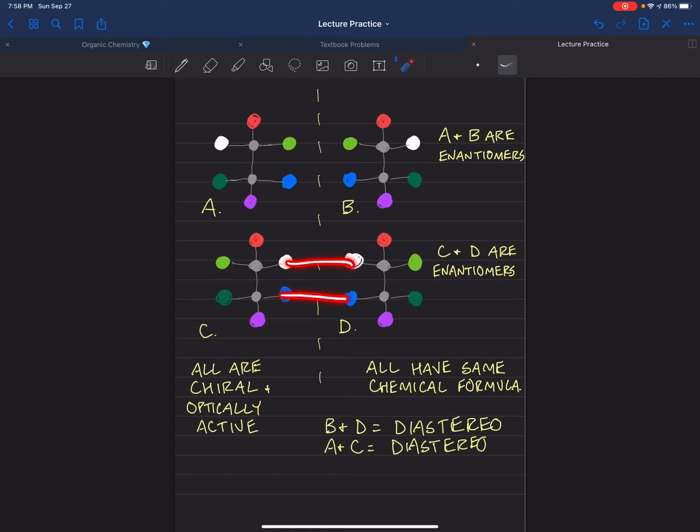White matches to white, blue matches to blue, red to red, purple to purple, green, green, okay? These are enantiomers. They're all chiral and optically active. They're chiral because they don't have a plane of symmetry that would cut this in half and everything would be the same, okay? And these are all isomers because they all have the same chemical formula.